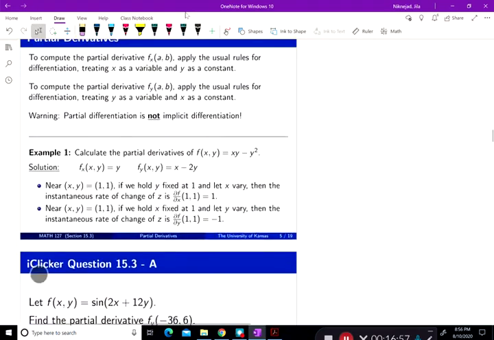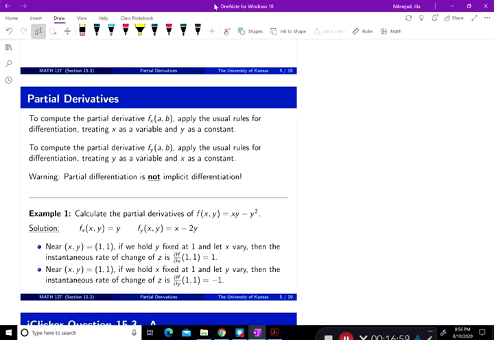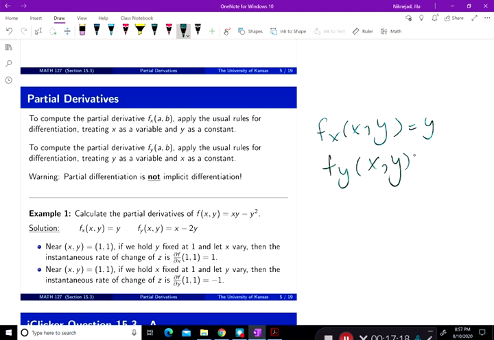Now let's try to evaluate this at, let's say, 1 and 1. So f sub x of x and y is equal to y. F sub y of x and y is equal to x minus 2y.